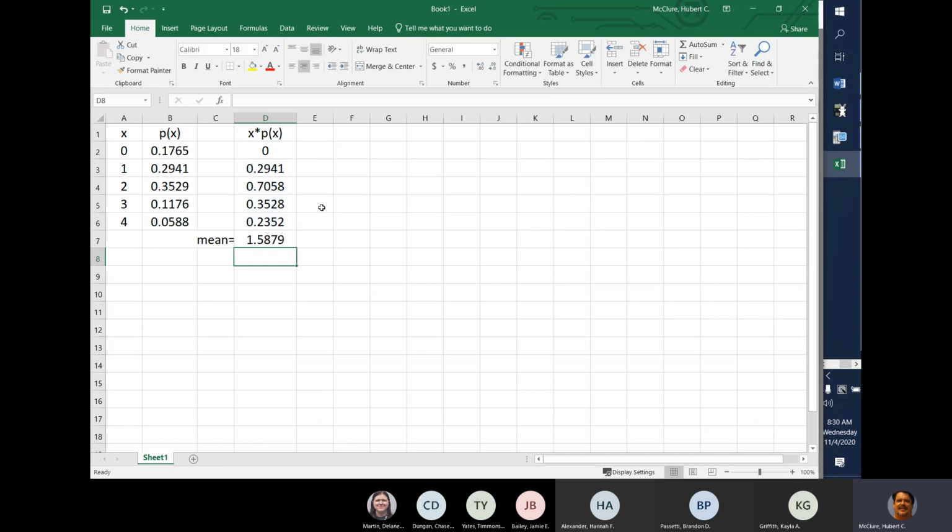Now somebody tell me what else could the mean be called in 6.1 or 6.2 material? What else could it be called, like with the life insurance policy? We went over that life insurance policy 2 or 3 times.